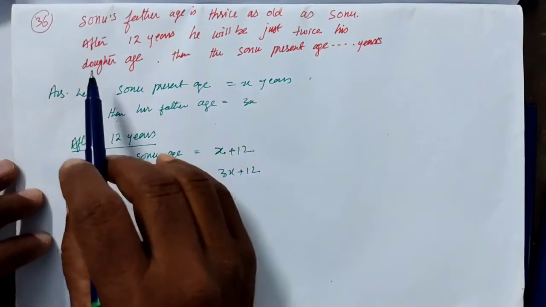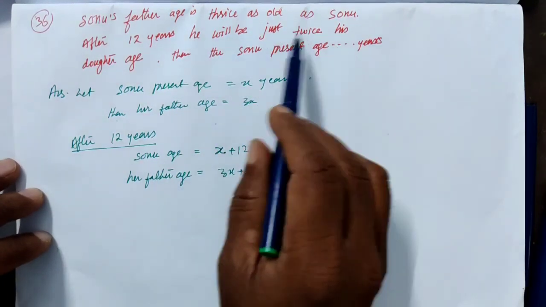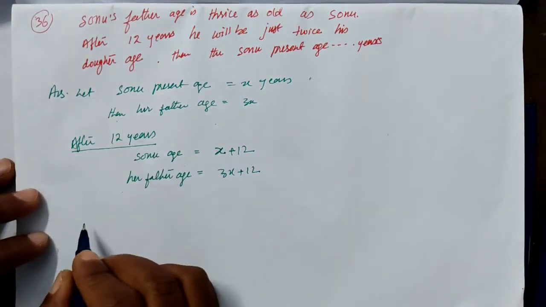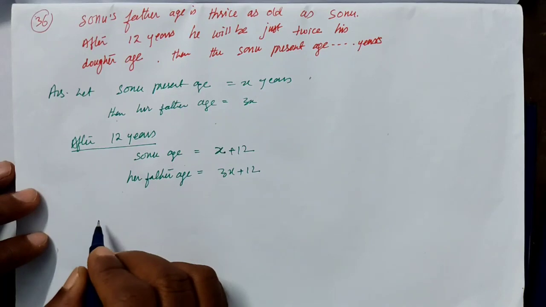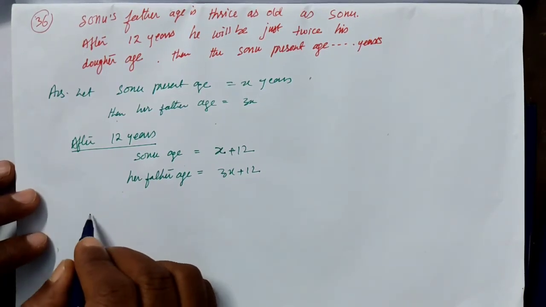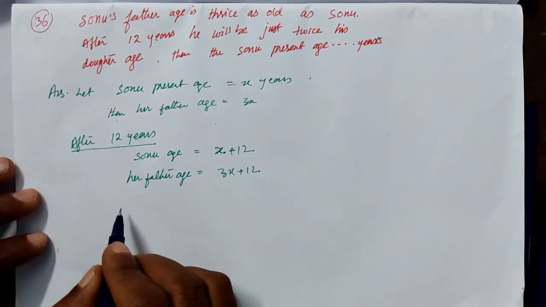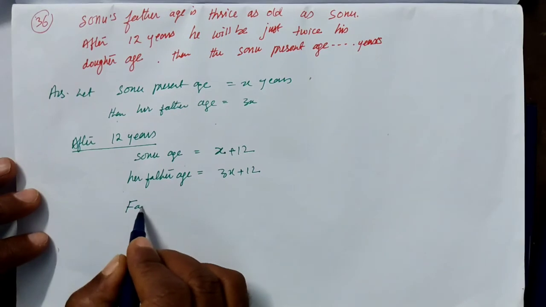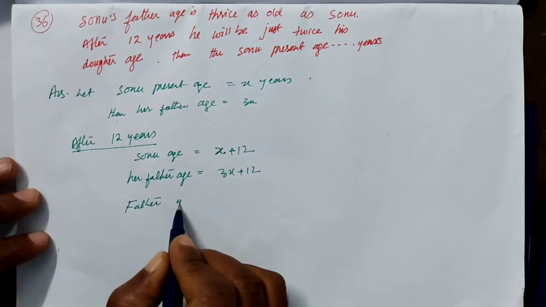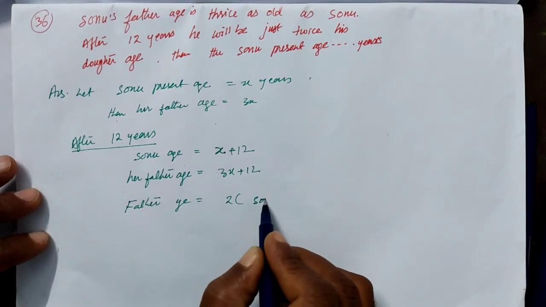So here, after 12 years, the father's age is 2 times Sonu's age, according to the problem. After 12 years, the age of the father is 3x plus 12 and the age of Sonu is x plus 12. So the father's age is equal to 2 times Sonu's age.